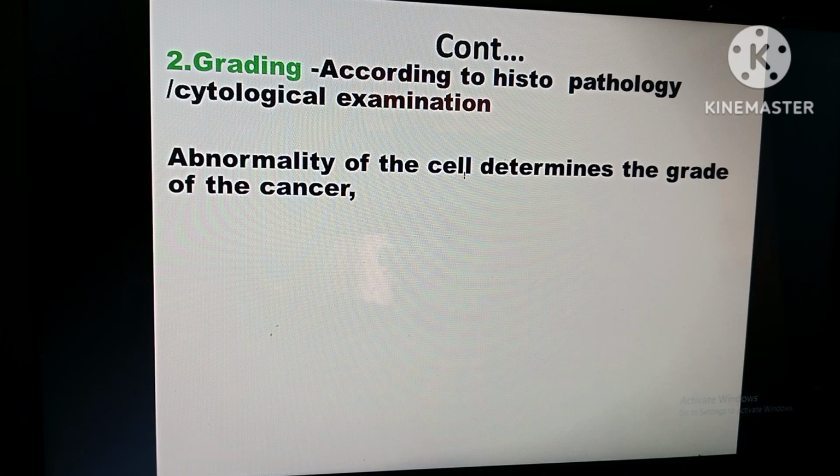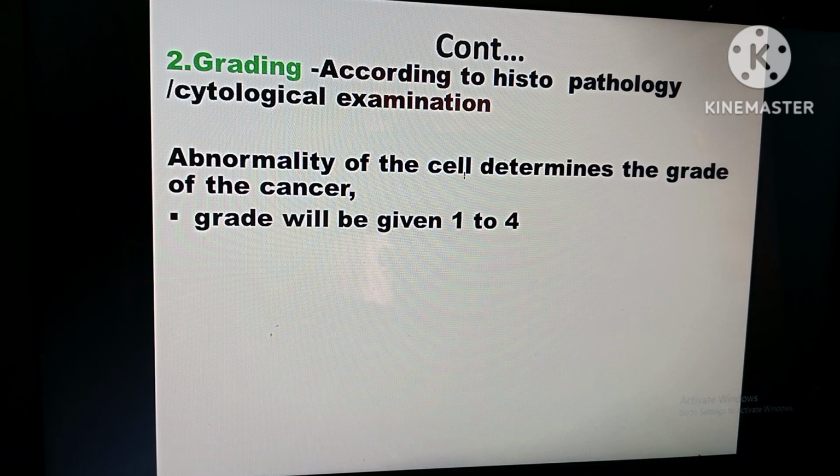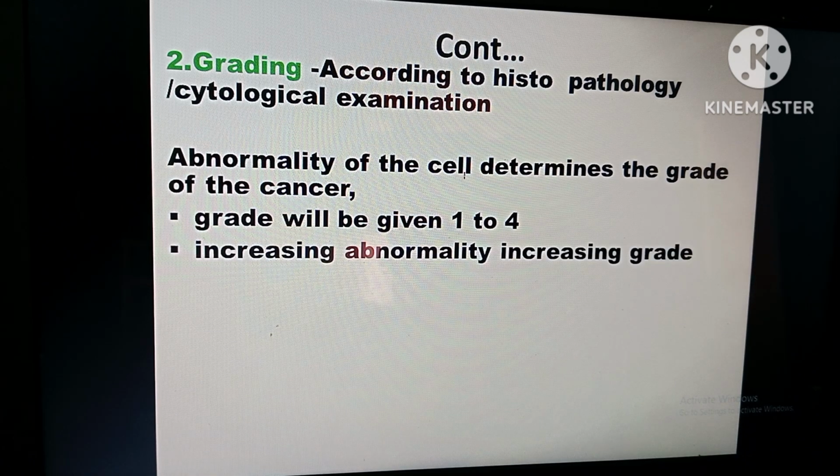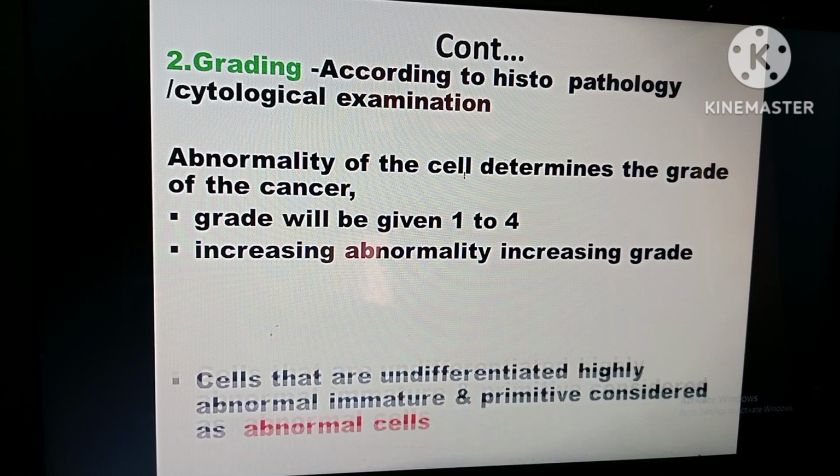If they find any abnormality in the cells, like more immature cells or mature cells, or it is very difficult to identify which is mature or immature, based on that they give a grading. The grading is given 1 to 4. If there is less abnormality in the cell, grade 1 or 2. If more, 3 to 4. So increasing abnormality means increasing grade.